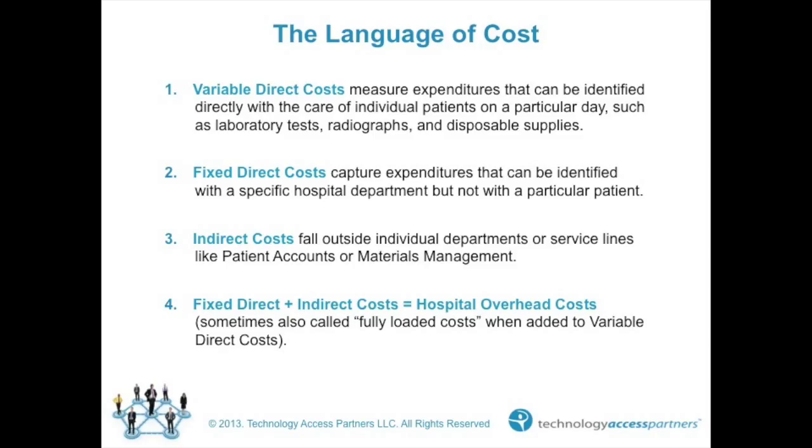Now again, hospitals that don't have cost accounting systems can't identify their variable direct costs exactly on a per patient basis, and they can't accurately allocate their hospital overhead costs. They kind of use a rule of thumb, and they determine, okay, if on average our variable direct costs are this amount of dollars, we'll typically double it. We'll add an additional 50% on top to arrive at fully loaded costs.